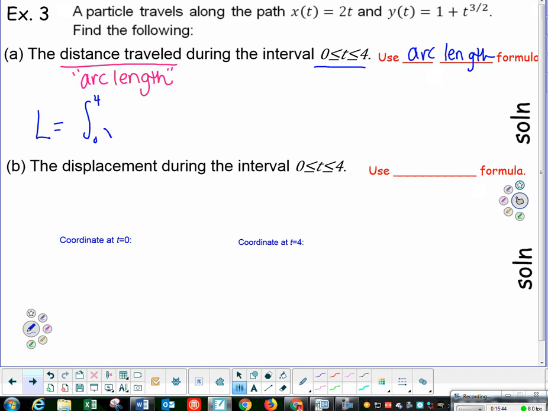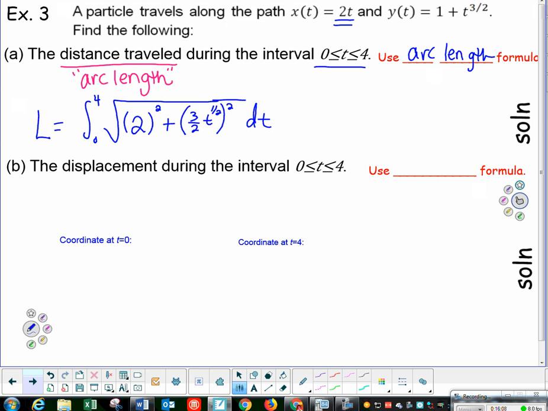And I want the square root of the derivative of x squared, so it's going to be 2 squared, plus the derivative of y squared. And what is that derivative? 3/2 t raised to the 1/2, squared, dt.